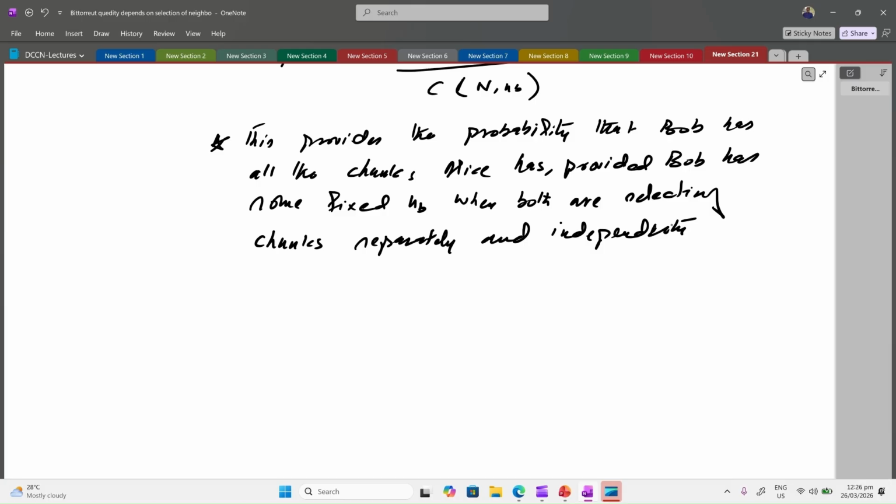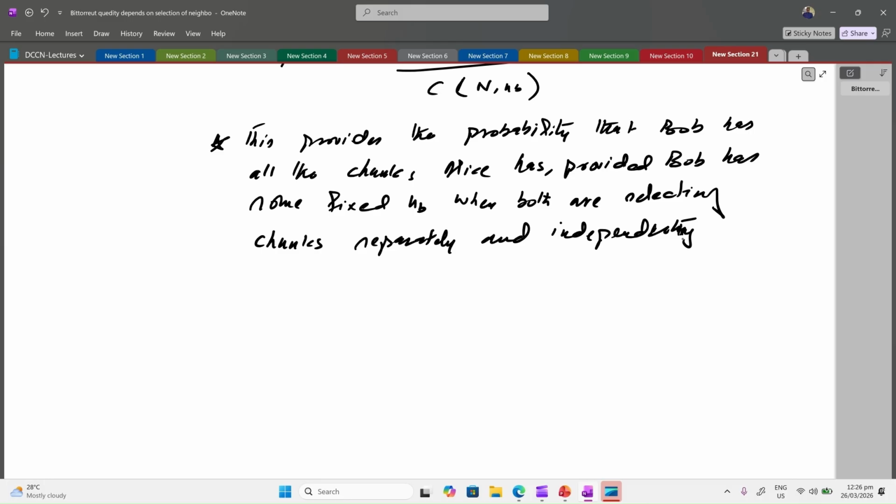Independently, okay? Separately and independently. This is very important, and let me read it again. So this provides the probability that Bob has all the chunks Alice has, provided Bob has some fixed nb chunks, when both Alice and Bob are selecting chunks separately and independently.